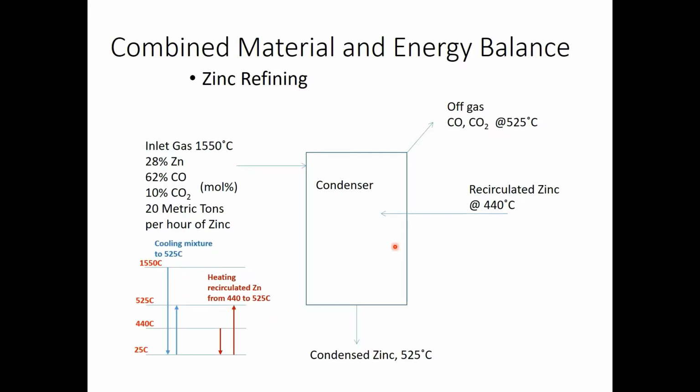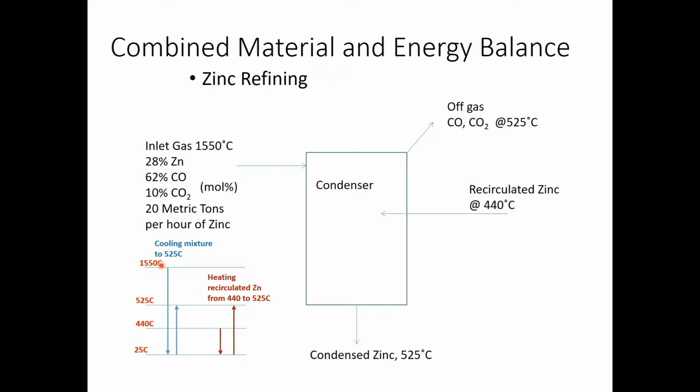If we look again at our thermal diagram, we're cooling our mixture from 1550 C to 25 C, so that tells us that we're definitely going to be using sensible heats here. We're going from 1550 to 525, but to get there, we have to take this roundabout path.